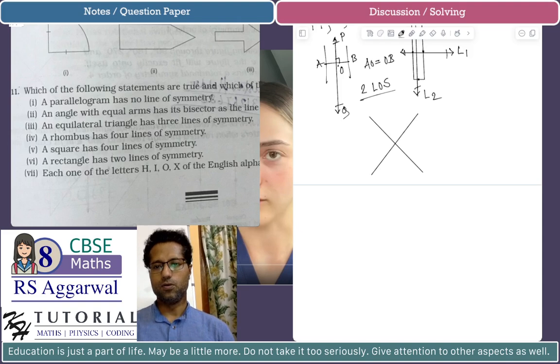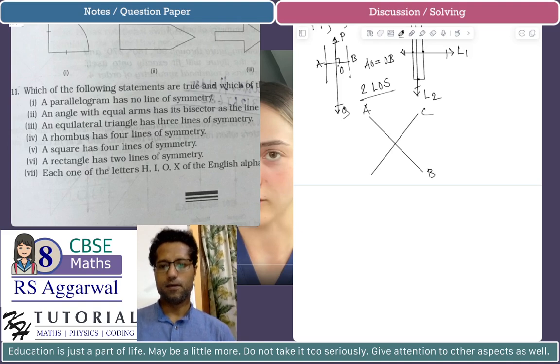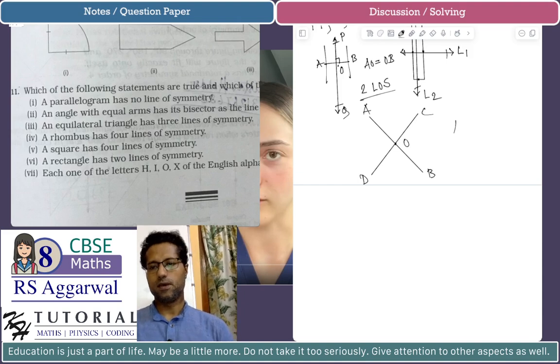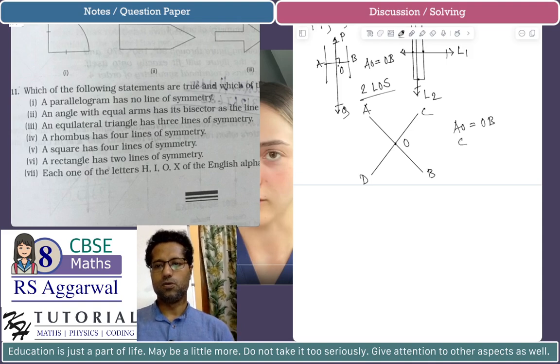So we know that if the letter X is composed of two segments, AB and CD, they bisect each other at the point O. So AO is equal to OB, and CO is equal to DO.